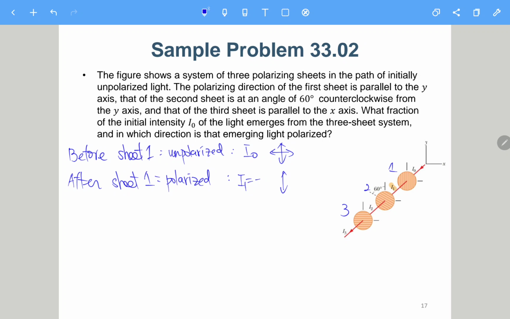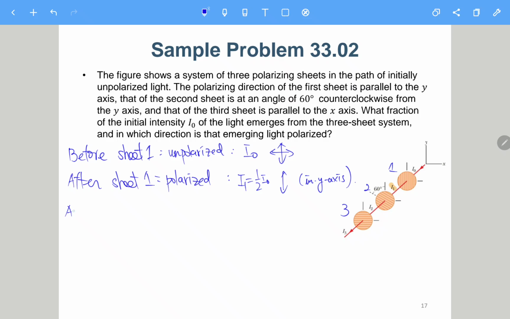I1 becomes half of I0, as we have in the equation on the previous page.